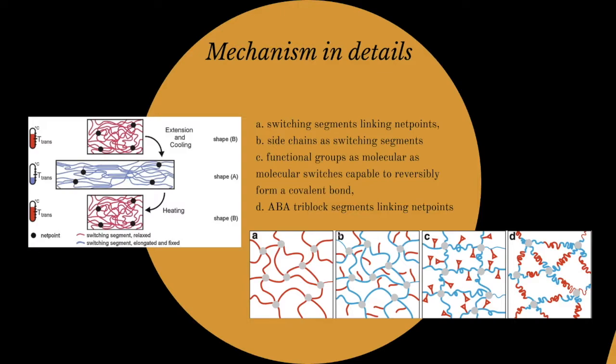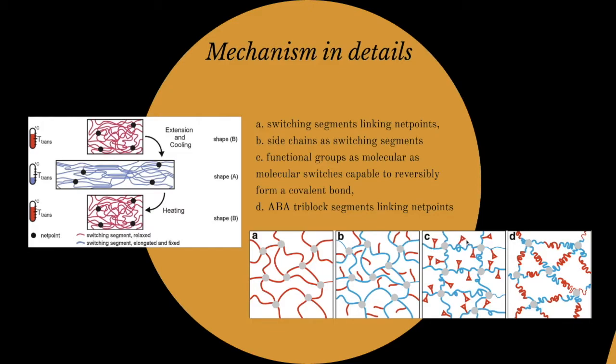And then for B, you can have the switching segment in a side chain. The red one here. You can design like this also. And then the C, you can have the switching segment as functional groups.